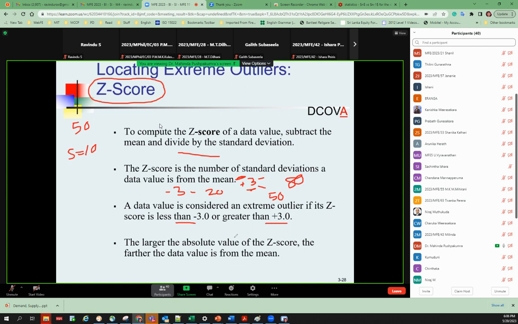If the Z score is less than minus 3 or greater than 3, you consider these outliers. If it is 3.1, that means that particular value is 3.1 standard deviations above the mean.